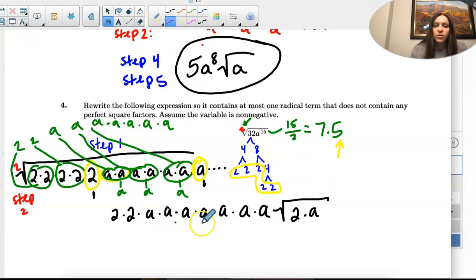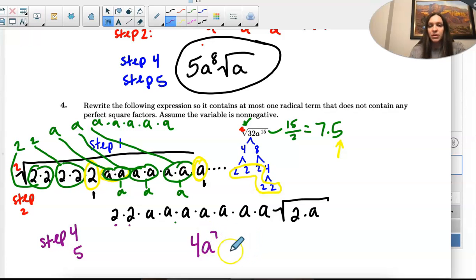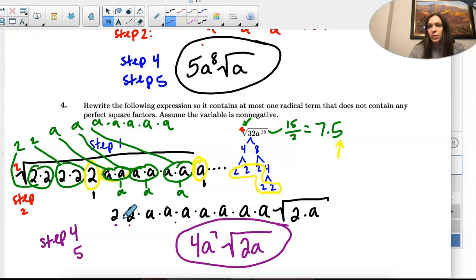So step 4 and 5 tells me to multiply all these. So 2 times 2 is 4, and then 7 A's, we would write A to the 7th power. And then inside the radical, 2 times A, we just write as 2A. And that would be our answer.